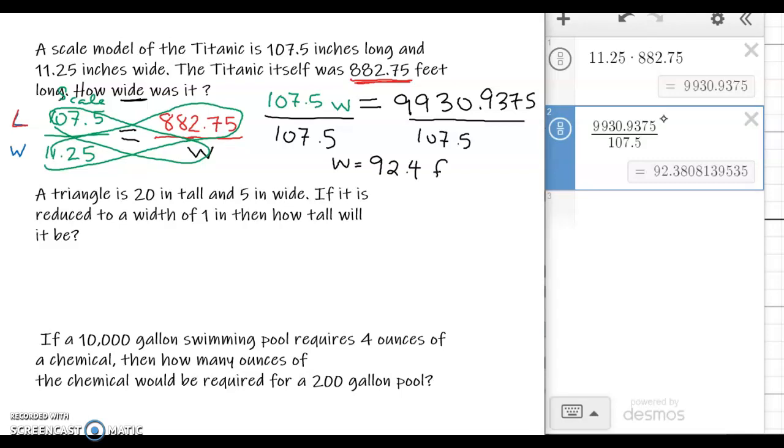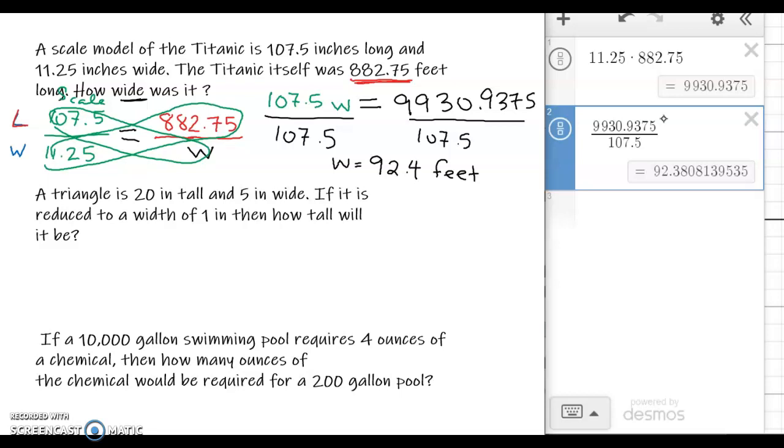And this was feet because this was talking about the actual size. So my actual width of the Titanic would have been 92.4 feet versus its length being 882.75. And that's how we solve proportions when we're dealing with word problems.